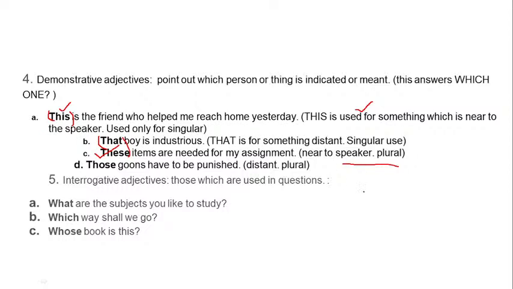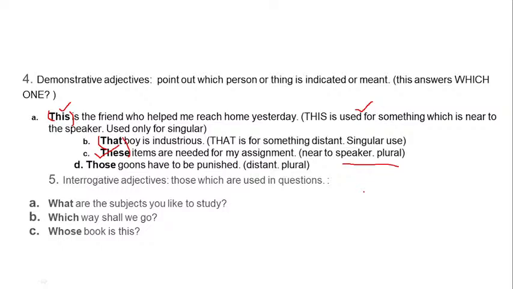This is for singular and these is for plural, and both are near to the speaker. These items are needed for my assignment. That means the items are just near to me. I am demonstrating and answering the question, which are the items that are needed? These items are needed for me.